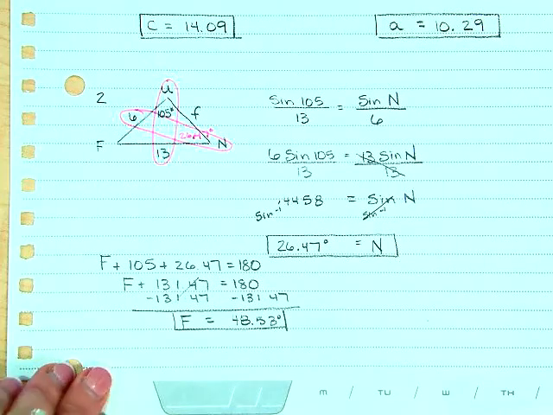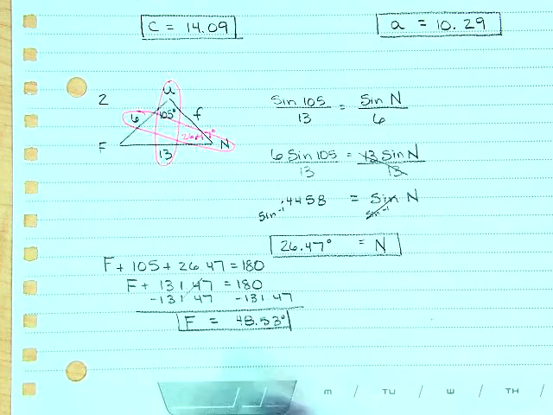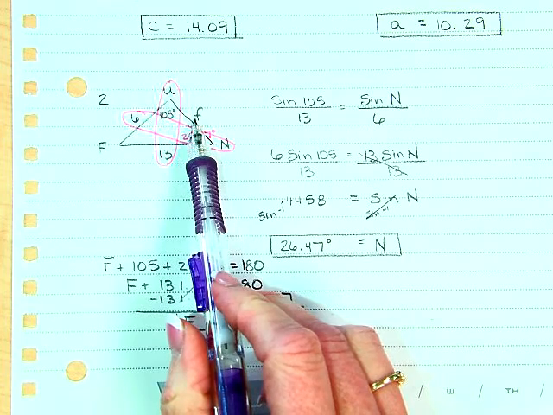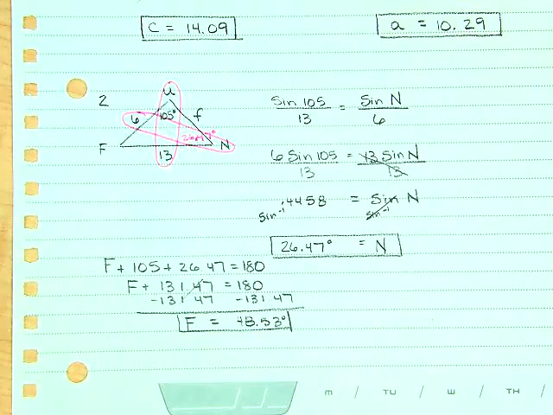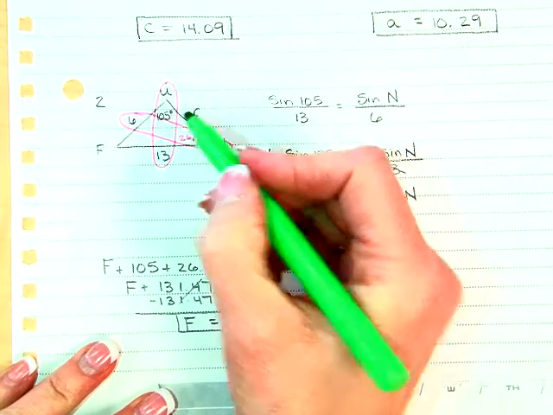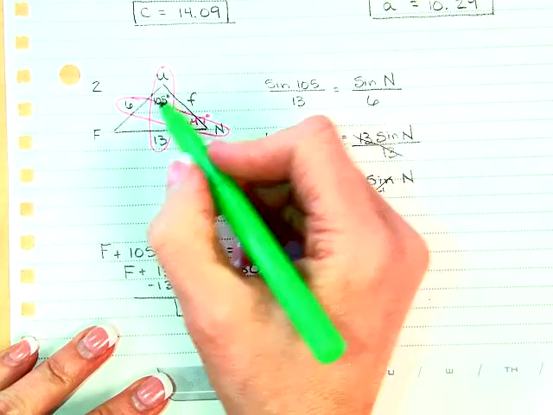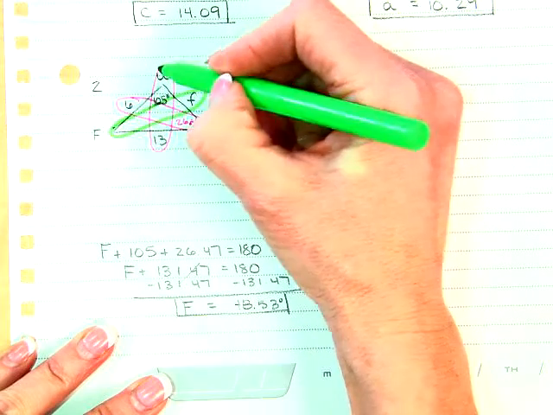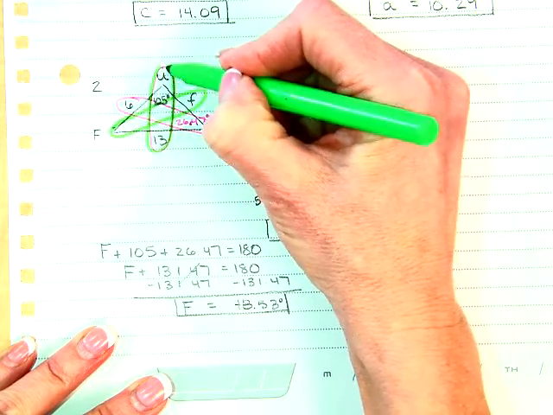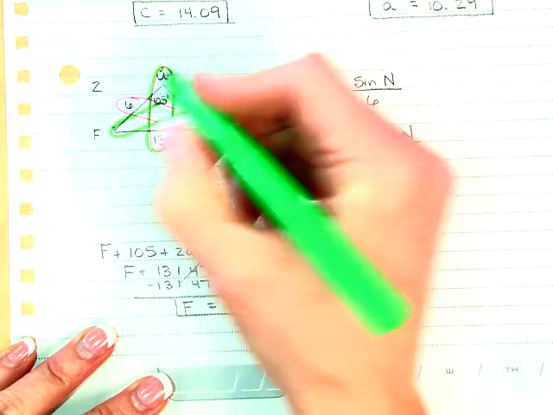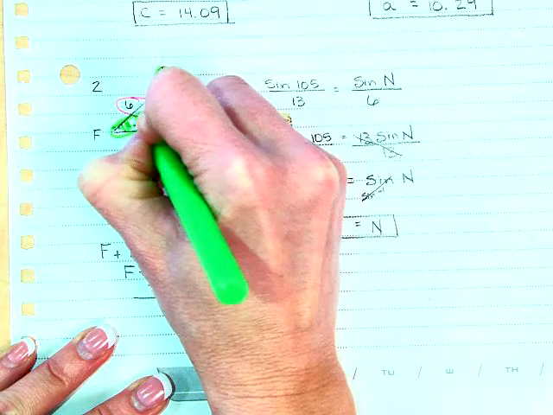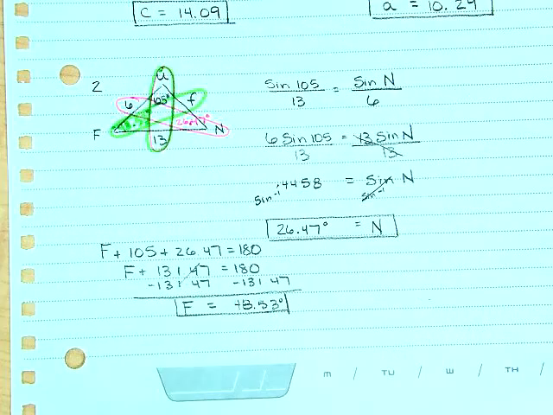Okay, so now the last thing we have to find, because now we have this angle too, is we're going to find side F. And just like in the previous example, I'm going to use the law of sine again, but I'm going to use this ratio here with this given ratio. And so remember, right here is 48.53. I know it's kind of hard to read, but it is what it is.